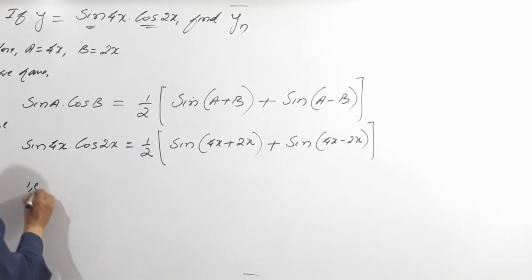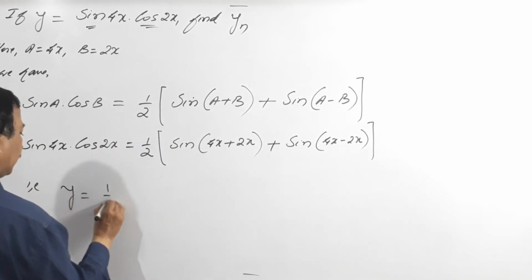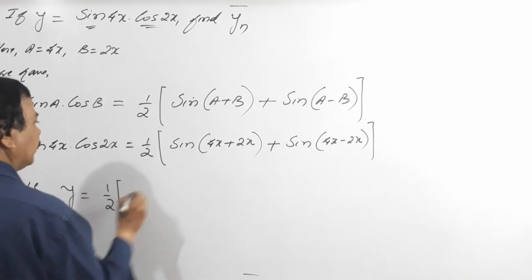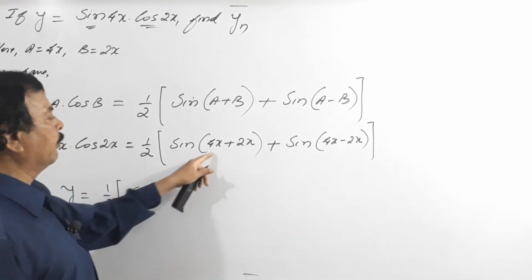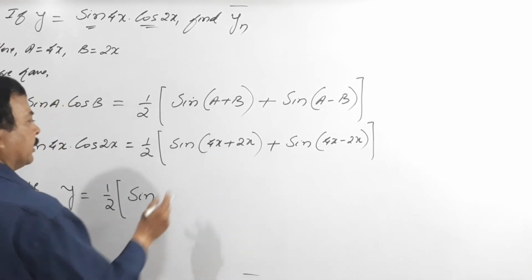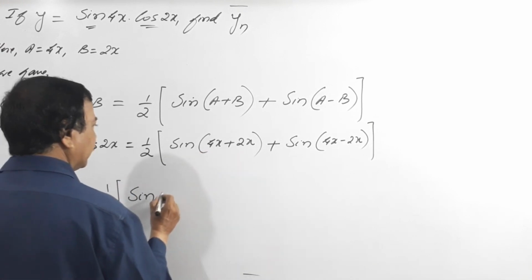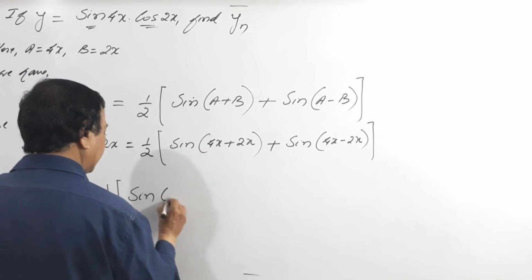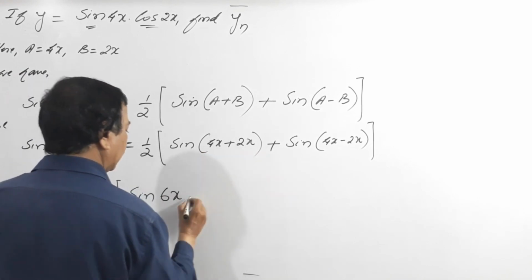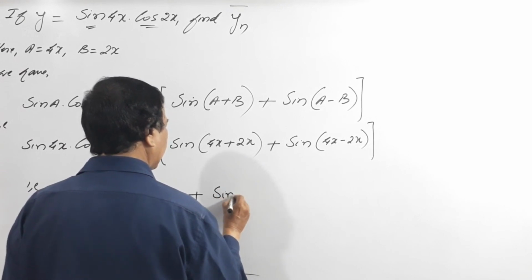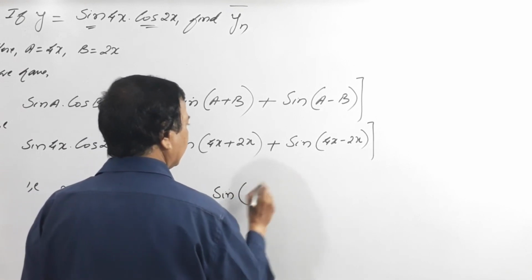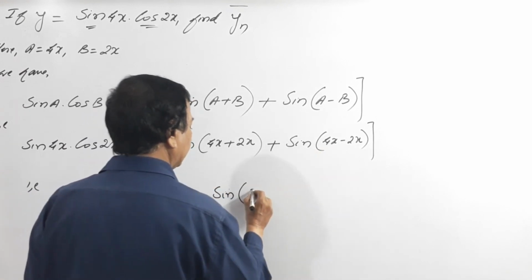That is, y equals half, sin of 4x plus 2x is sin of 6x, plus sin of 4x minus 2x is sin of 2x.